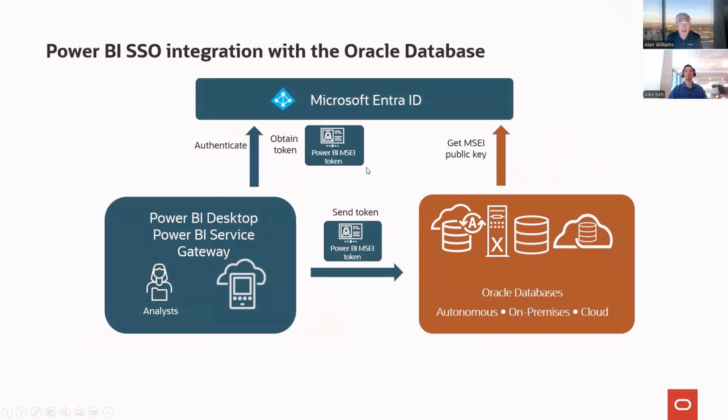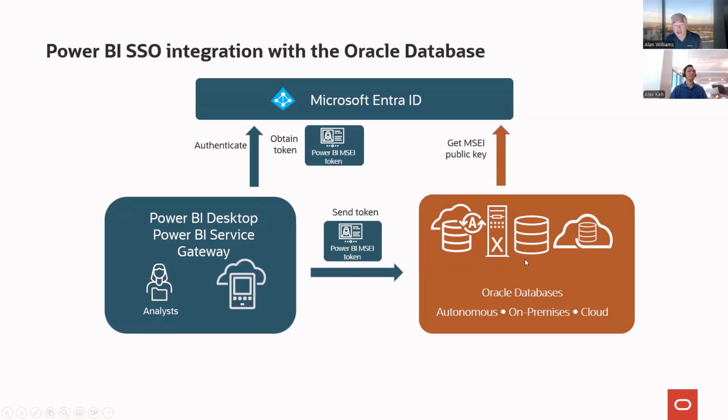This is a very simple chart, but the Power BI user would authenticate with Microsoft Entra ID to access Power BI. When they decide to connect with the Oracle database, Power BI would get a token from Entra ID, and then that token is passed to the database. This is primarily an identity token, and all the information for accessing the database is in there.